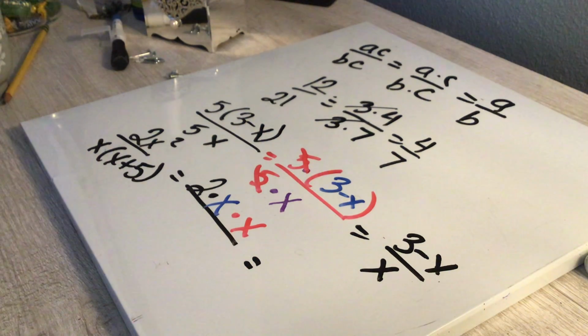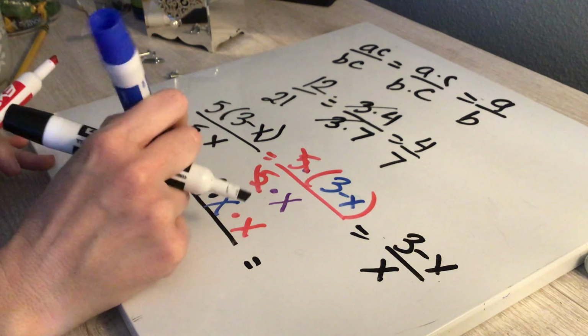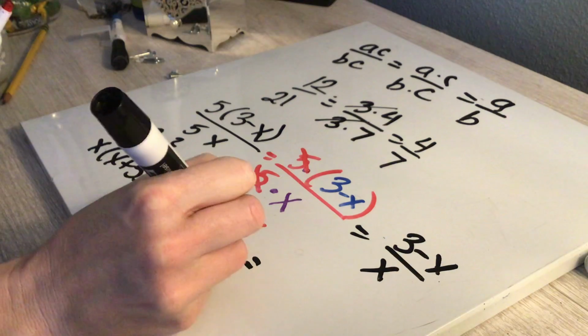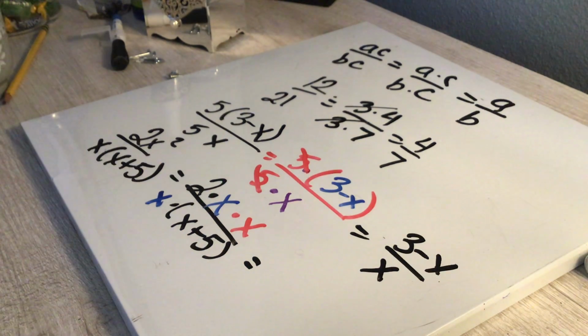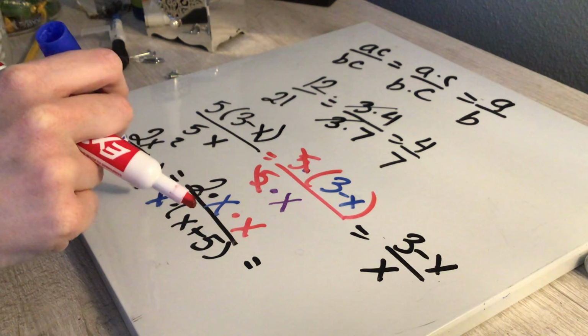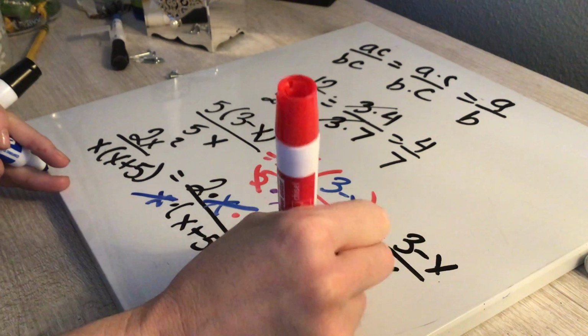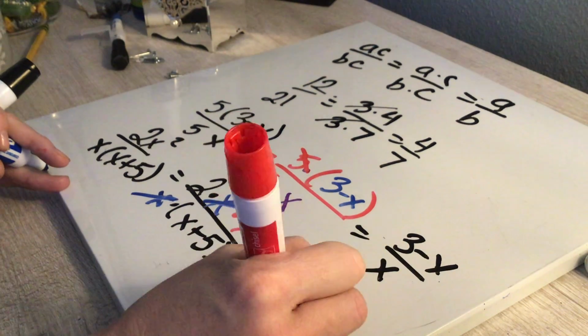And then in the denominator, I have x times x plus 5, because x squared is x times x, okay? So then I see that they both have this x as a factor because it's part of a product. So I can cancel that out and I can simplify it to 2 times x over x plus 5.